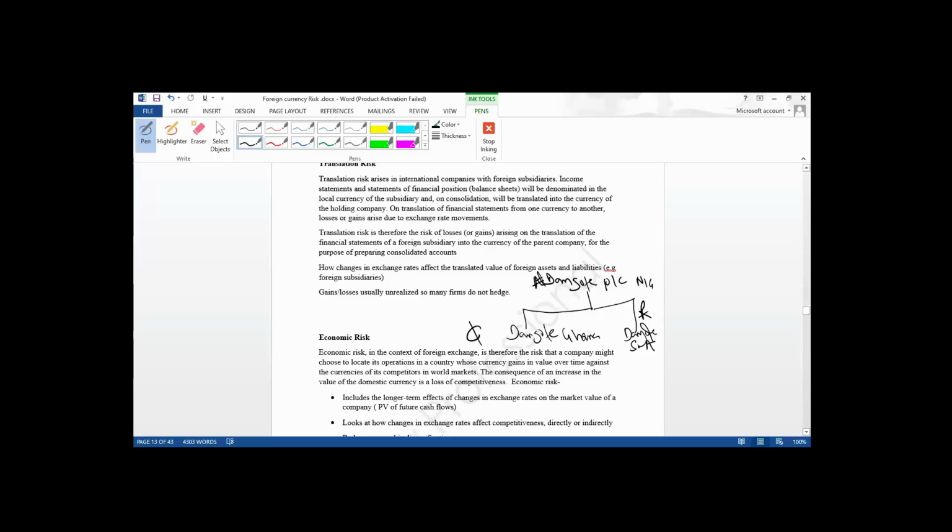Economic risk can affect your competitive ability. It can affect remittances from foreign subsidiary to the parent company.